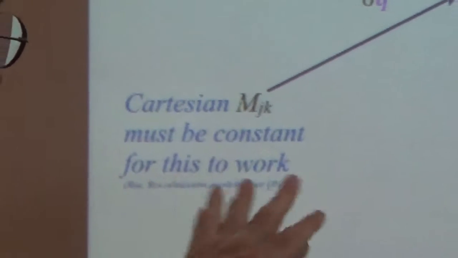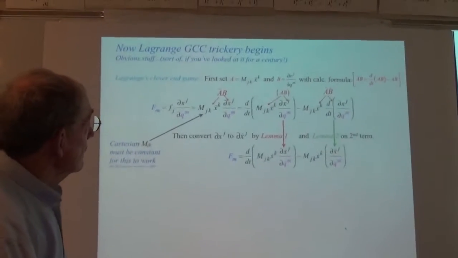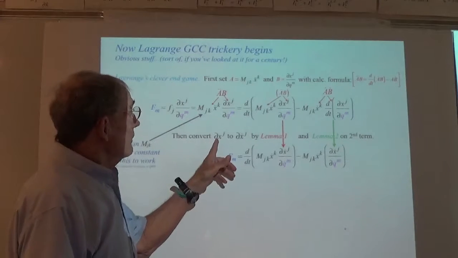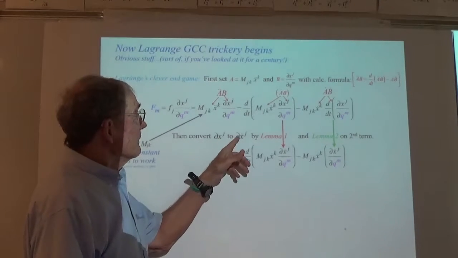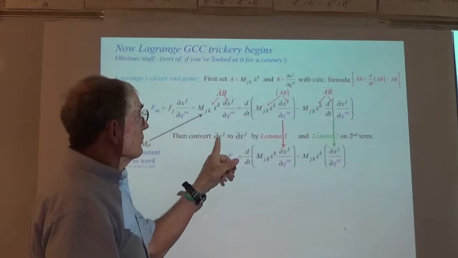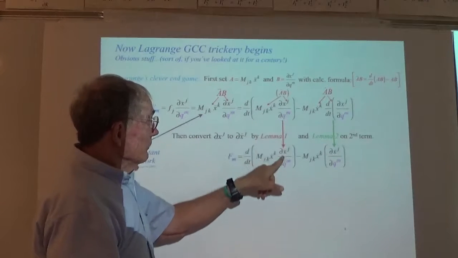Got to do something else for that. As I say, we're going to attempt to do that later on. Now, first thing to do here is sort of match the second one. What I want to do is replace the partial x dot, and I'm going to use lemma 1 to do that.